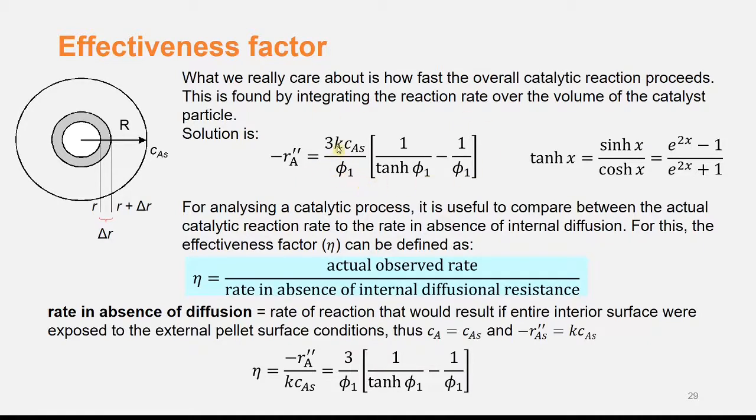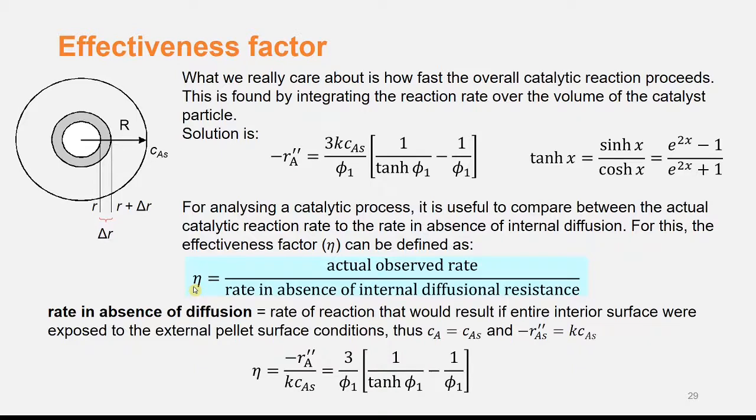It is a function of the surface reaction rate and the Thiele modulus only. It is useful to be able to express this overall rate as a fraction of the maximum possible rate when there is no diffusion resistance at all.